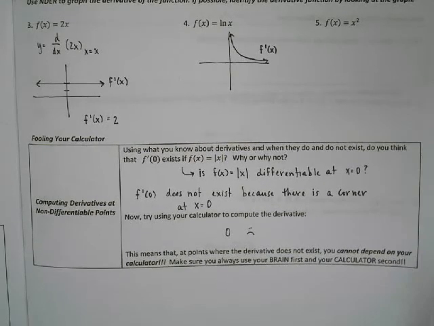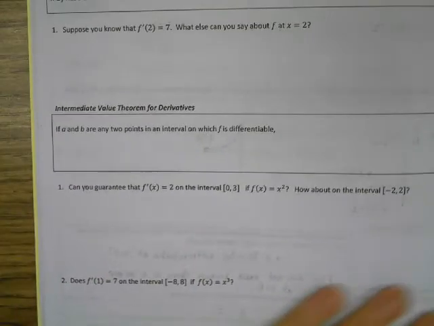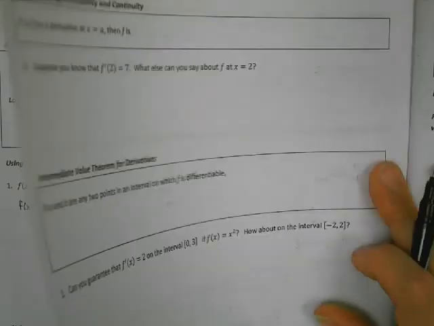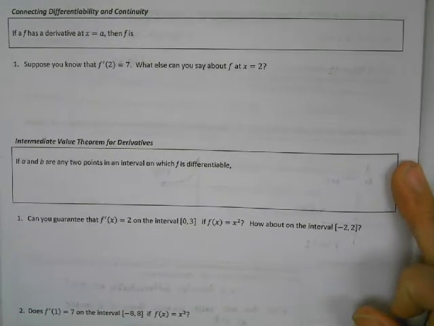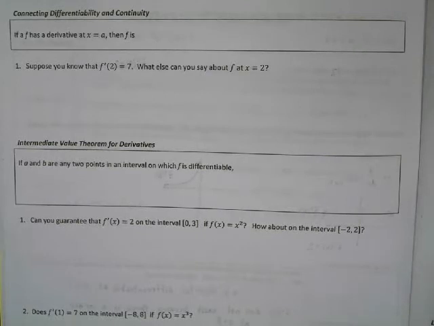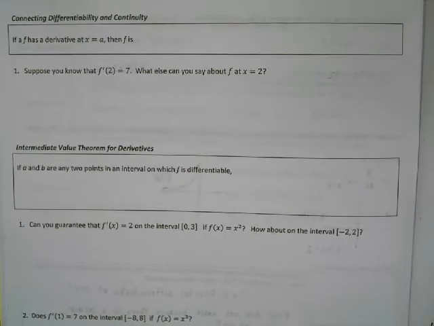Okay, so there's one more piece to this that we're going to do. So I'll flip the page. I've mentioned this a bit, I believe, in yesterday's notes. And so we want to connect up this idea of differentiability and continuity. We already know that a function cannot be differentiable at a point if it's discontinuous at that point. So we're just extending or formalizing that a bit.